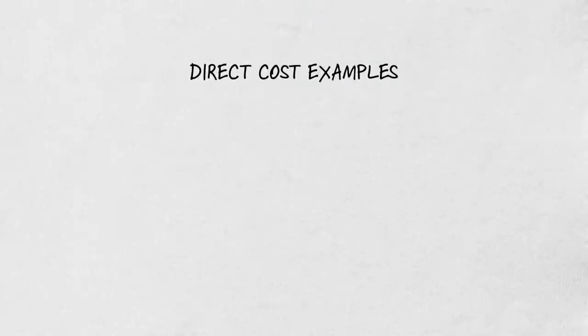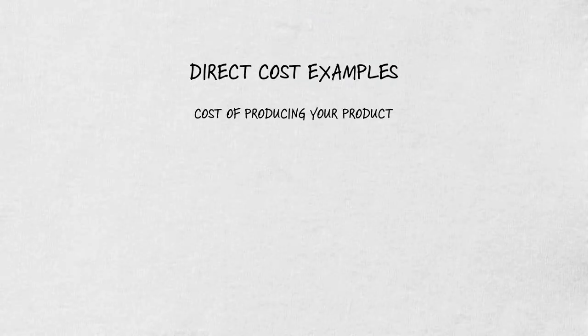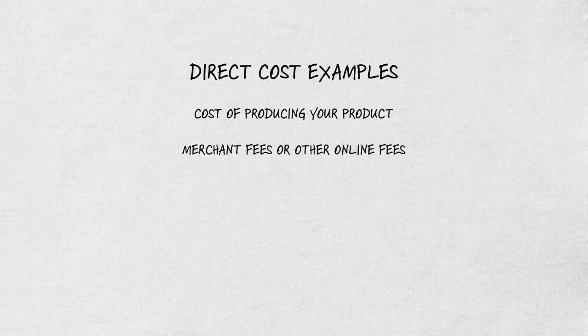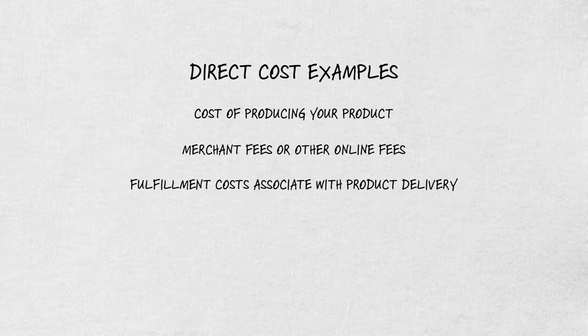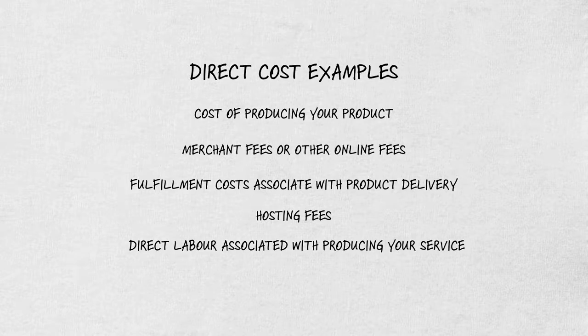Examples of your direct costs include the cost of producing your product, and that's for product-based businesses, merchant fees or other online selling fees, fulfillment costs associated with delivering your products to your customers, hosting fees if you're a software business, and direct labor associated with producing your service. And that's assuming you're a service-based business.